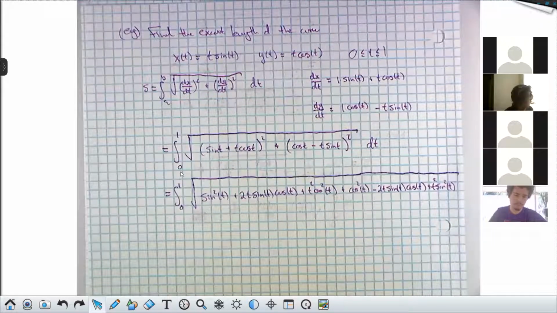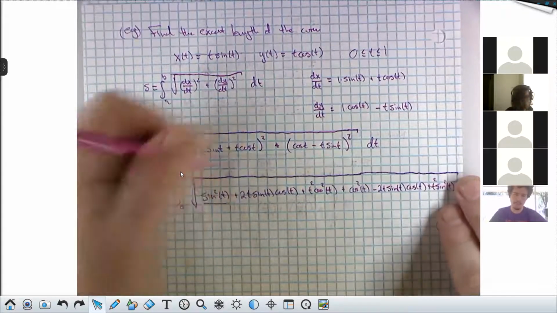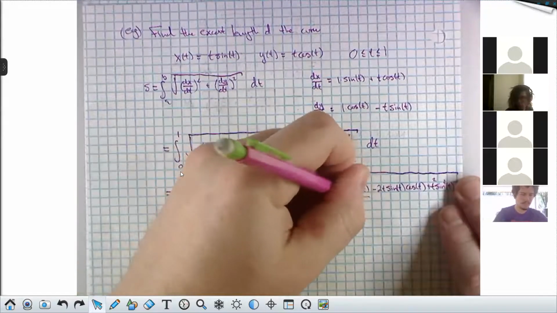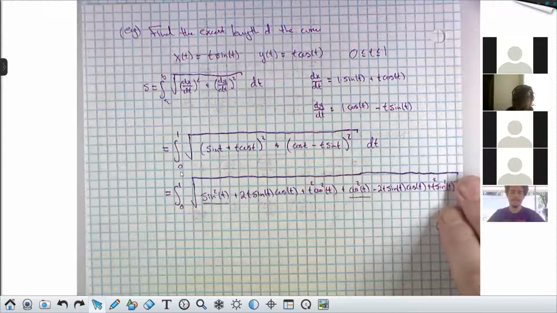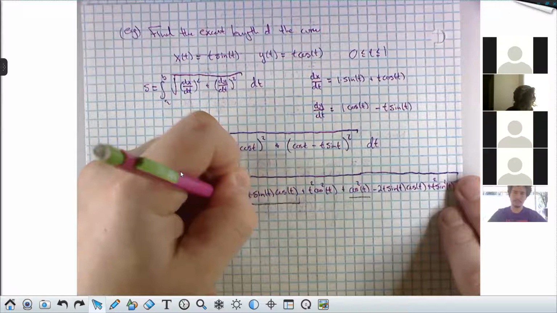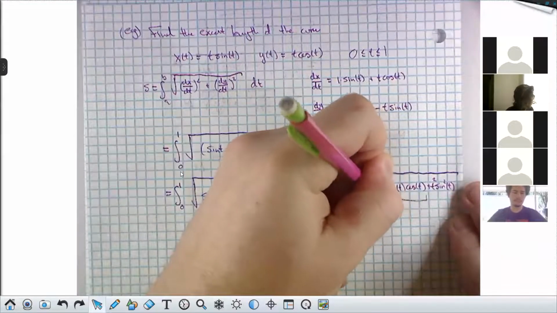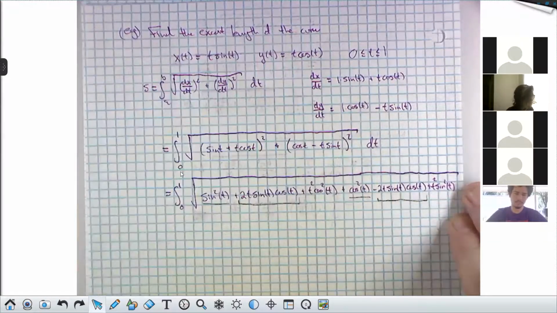But if we start matching pieces up, I have a sine squared t here and a cos squared t here, and we'll be able to combine those to 1. I have a plus 2t sine t cos t and a minus 2t sine t cos t. Those will cancel out perfectly.